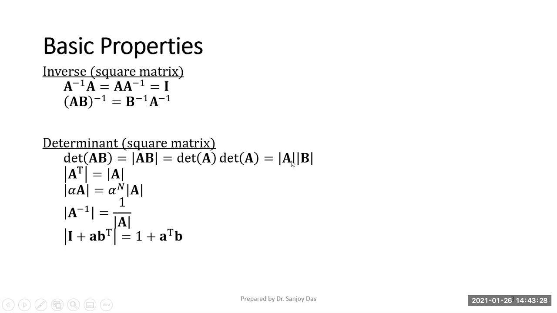So bold uppercases, non-italicized, are matrices. Bold lowercases, non-italicized, are column vectors.